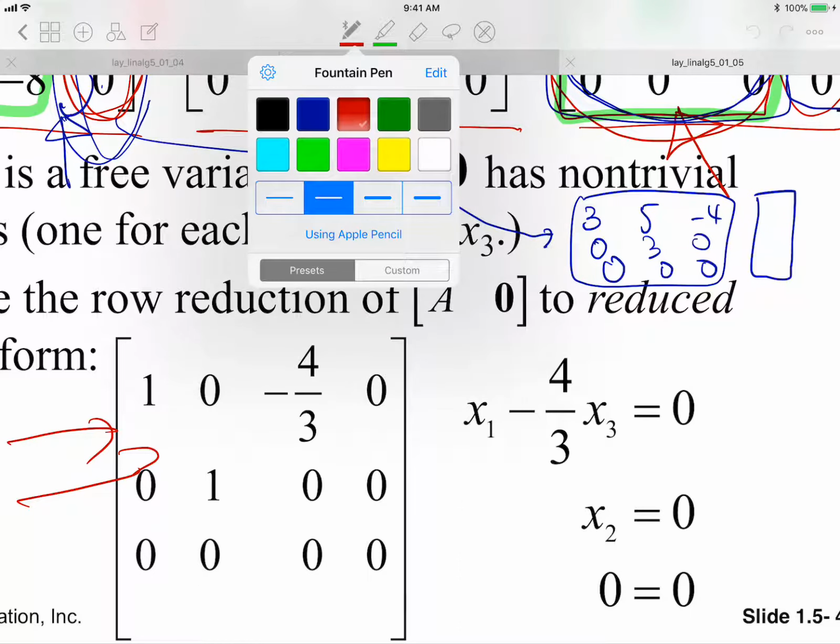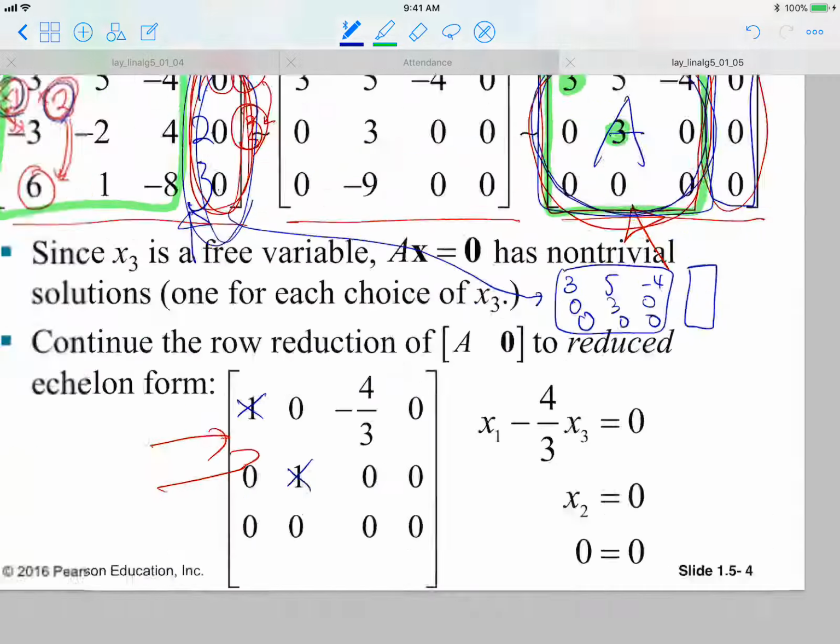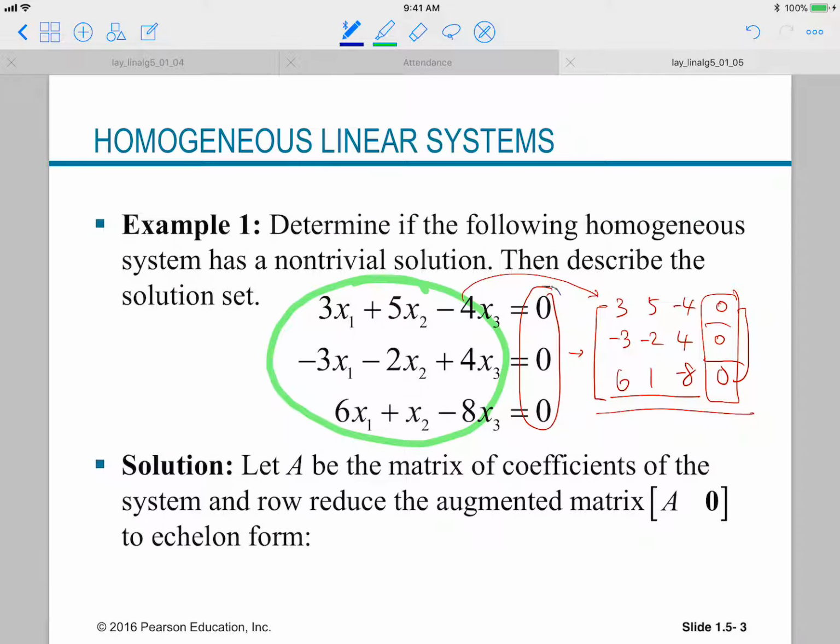Here we have a pivot here and here, right? Again, this particular example corresponds to a homogeneous linear system because we have all zeros, and we are trying to see if this linear system has either a unique solution or infinitely many solutions, which is our case in this example. Okay, so that is our question to answer.